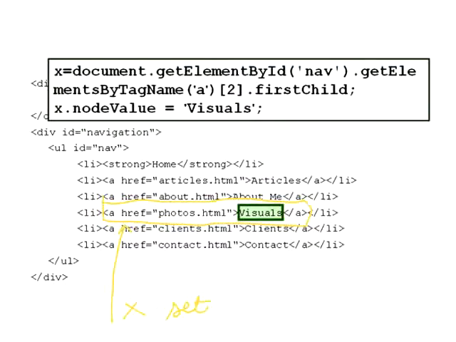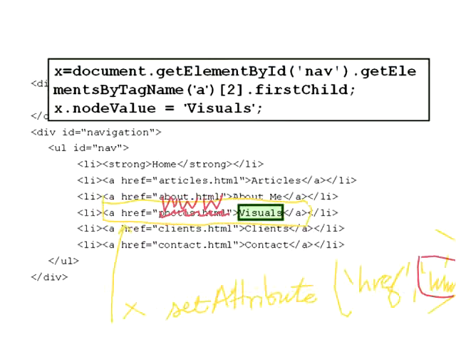So if we write X.setAttribute href, after that www, for example, in this case the value of photo.html will be www.